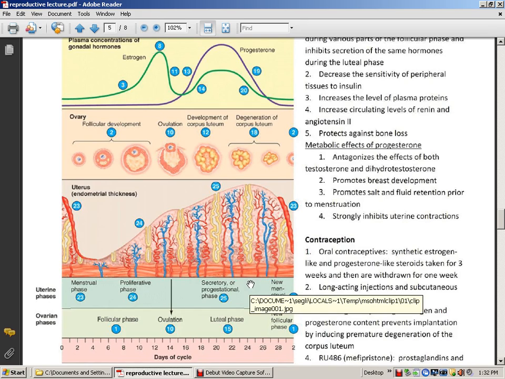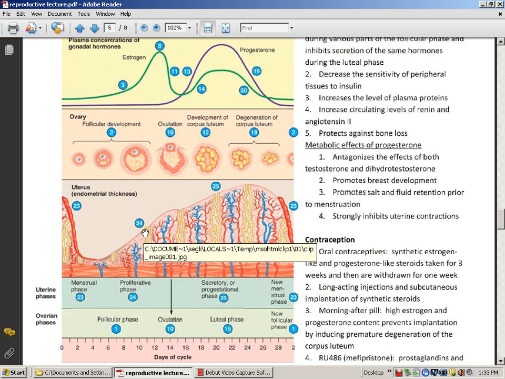And I told you this the first day we talked about endocrine. I told you, what do you know about progesterone and estrogen? They were unique. We always think they agree with each other, but what does progesterone do? Does it work as a synergist with estrogen? Does it work as an antagonist with estrogen? Or does it work as a permissive hormone with estrogen? It's an antagonist. Estrogen also makes the uterine lining kind of cramp a little bit. It causes contraction of the uterine muscles.